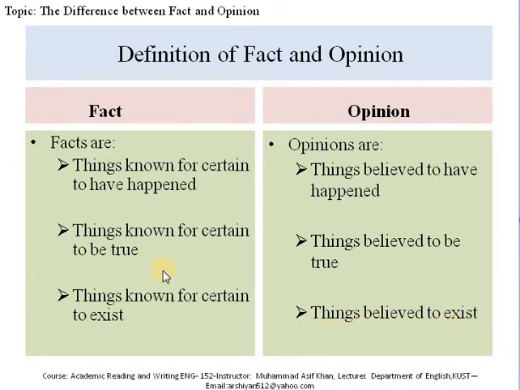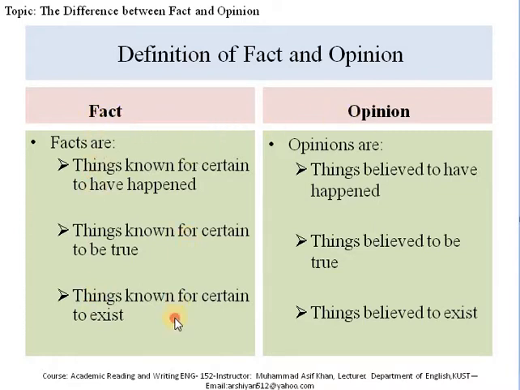We just suppose or believe and think that these things happened or are true or may exist in this world. Whereas the facts are the things for which we are convinced, we are sure, we have firm knowledge that they have happened or they are true or they exist in this world. So that is the difference between these two terms, fact and opinion.